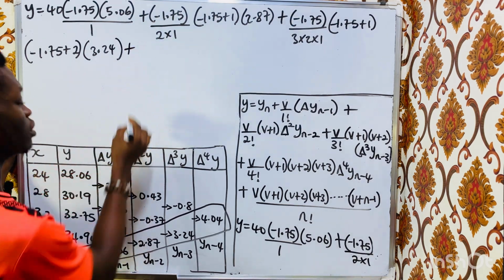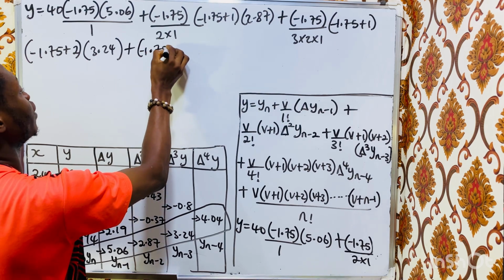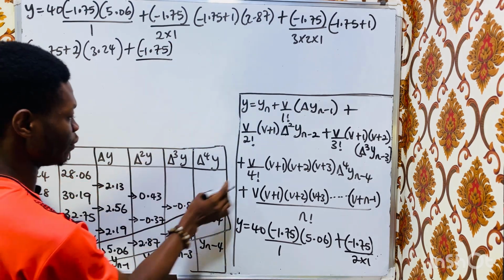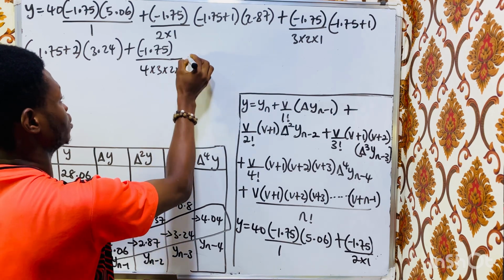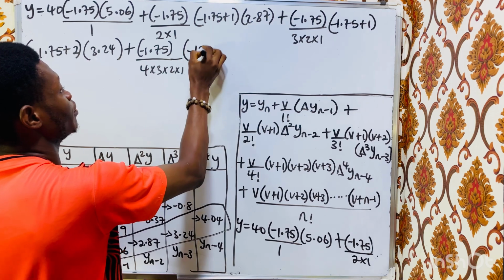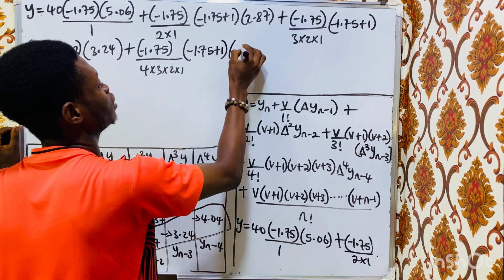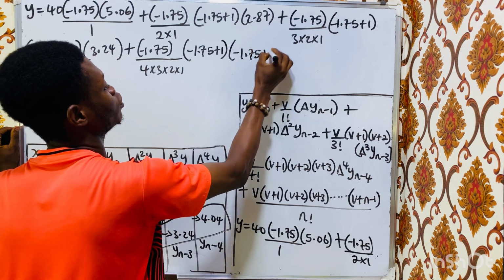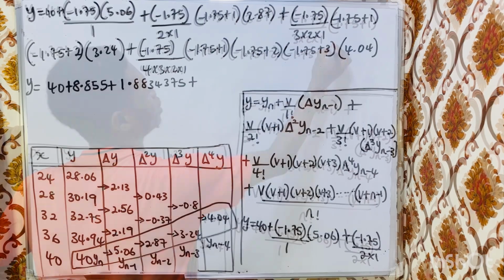So plus v, what is our v? Still negative 1.75 all over 4 factorial, which is 4 times 3 times 2 times 1, then v plus 1, so negative 1.75 plus 1, then negative 1.75 plus 2, and negative 1.75 plus 3.